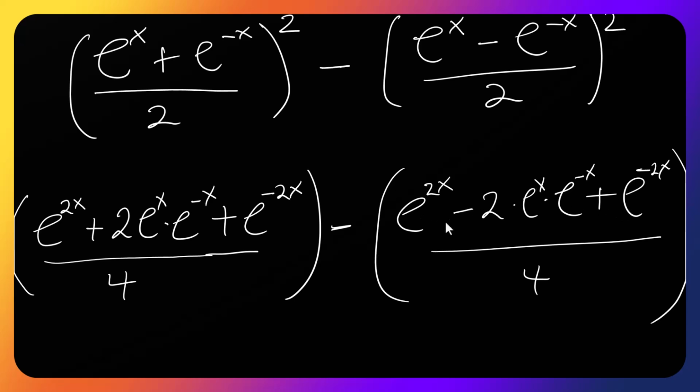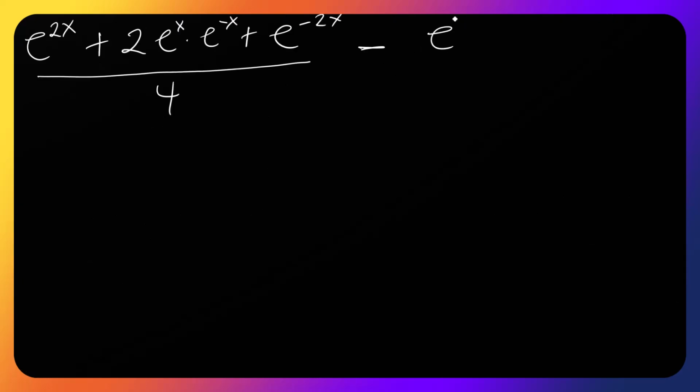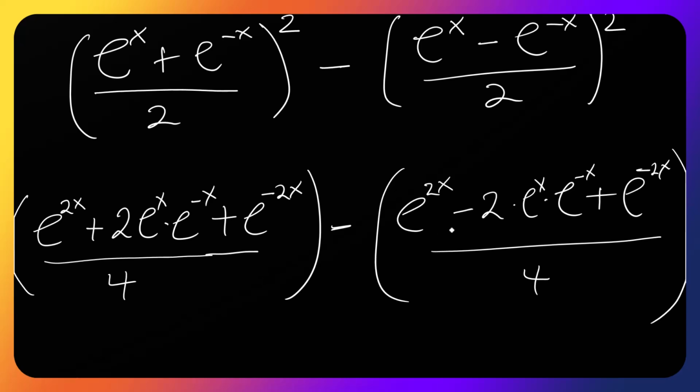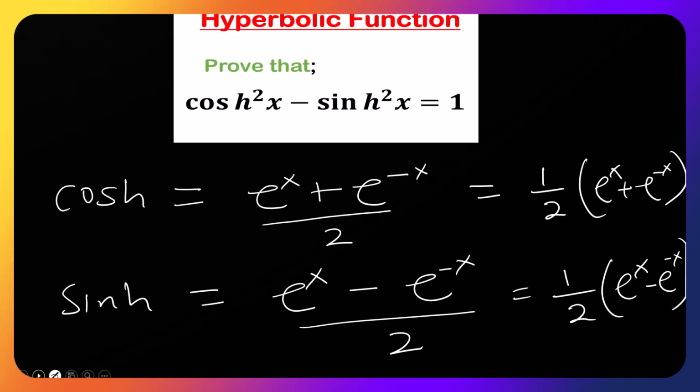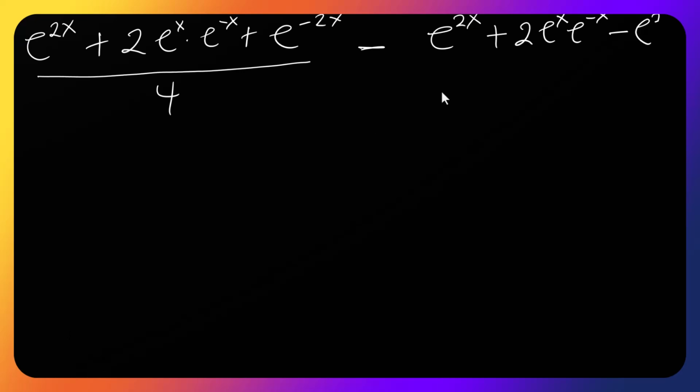So we have plus 2 e raised to x times e raised to minus x, and this side will be minus e raised to minus 2x, on 4.